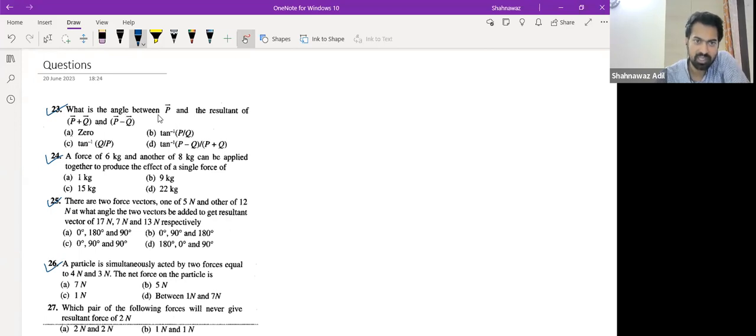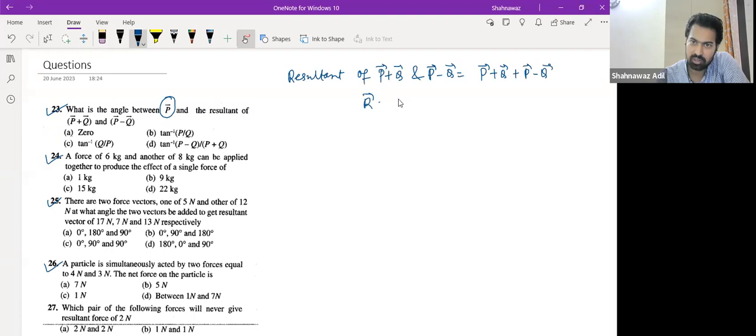What is the angle between P and the resultant of P plus Q and P minus Q? So first we have this P vector, and we have the resultant of P plus Q and P minus Q. That would be simply P plus Q and P minus Q. Resultant is simply this, guys, right? Yes, sir.